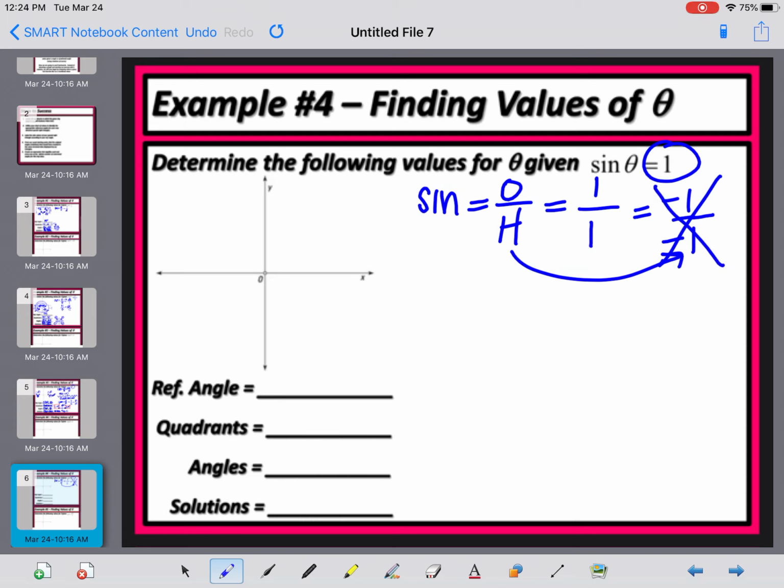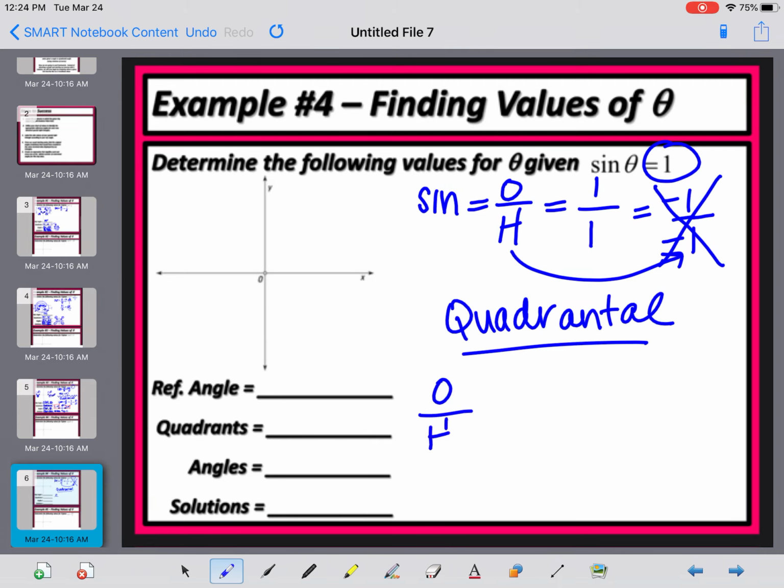So that takes this option off the table. So all I'm looking at is 1 over 1. Well, neither of our special right triangles has a hypotenuse that equals 1. That's what this is saying here on the bottom. Well, again, if it doesn't fit for a triangle, then our only option must be quadrantal.